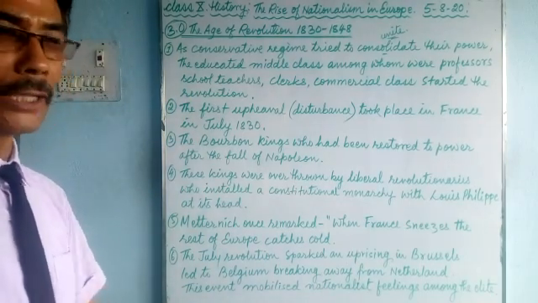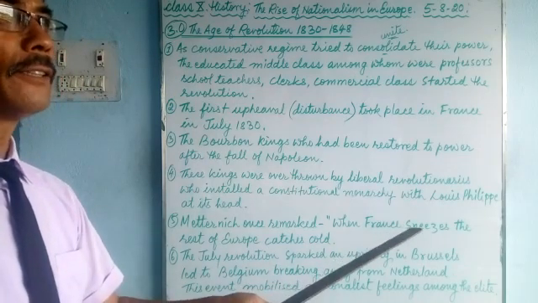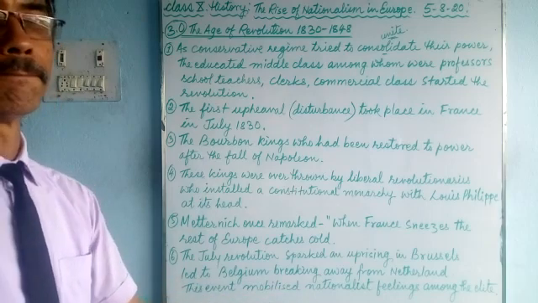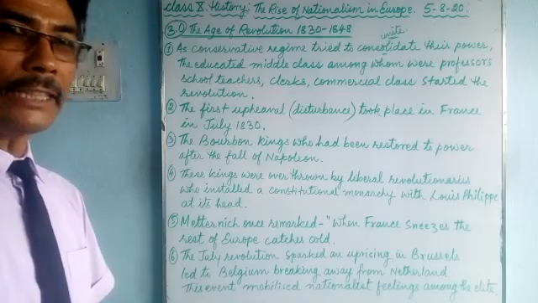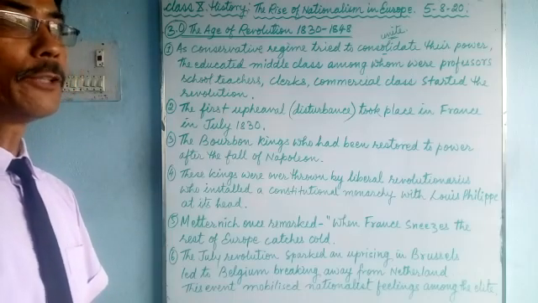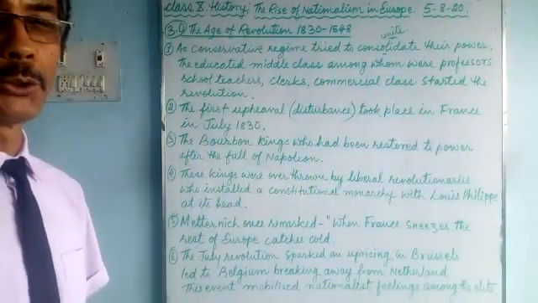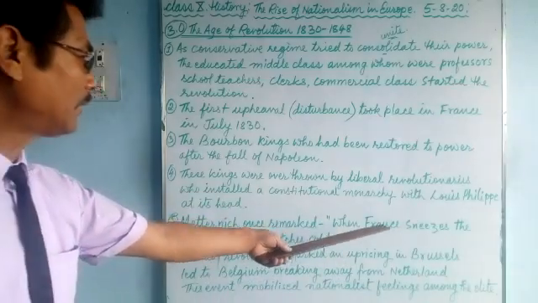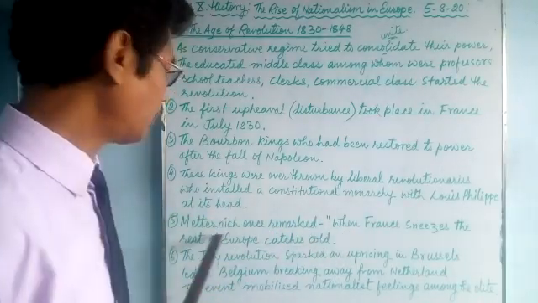Suppose you are asked to explain. This means that if any event takes place in France, it will definitely have an effect all over Europe. It will spread all over Europe. Who said this? Metternich.